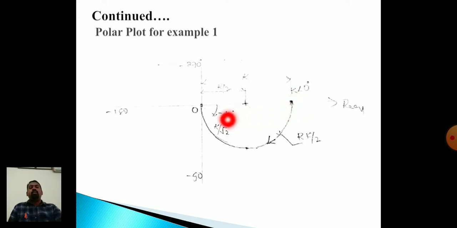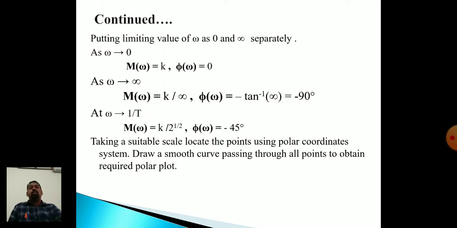Similarly, when omega equals infinity, M omega is 0. What about phi omega? That is minus 90, that you see here. M omega equal to k by infinity, nothing but a small term by a big term, that is equal to 0.